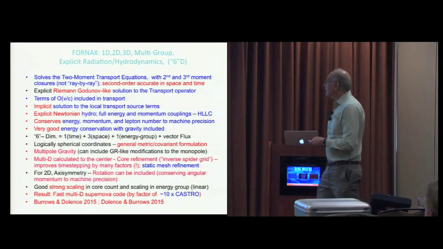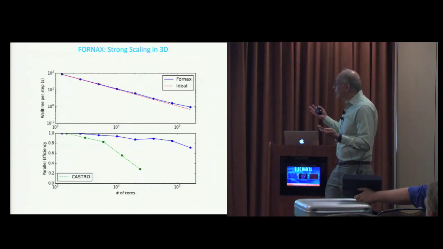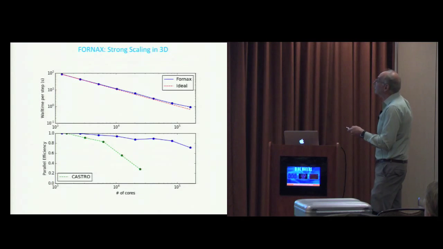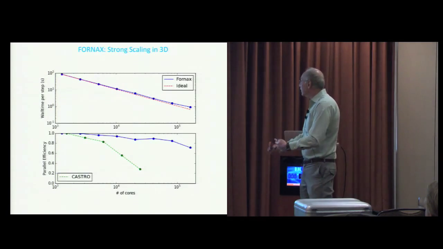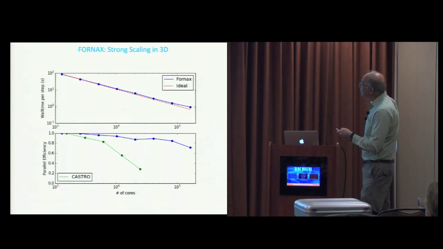Multipole gravity. It has a number of bells and whistles, but the major thing is we're getting a factor of 10. And this is a scaling study. I'm almost finished. This is a scaling study of wall clock time. This is recent, in the last couple of weeks, because this has been a very strenuous development effort of Fornax, which is our new code's name.